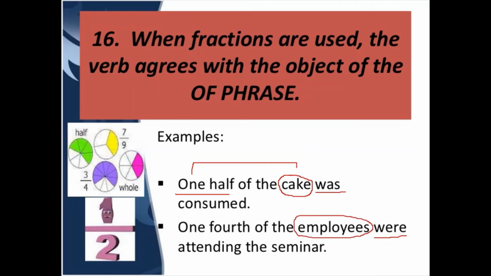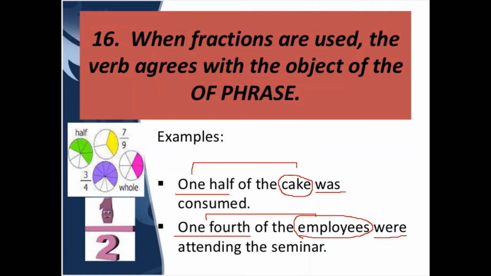Aside from that, employees is preceded by the fraction word one fourth. So if it is preceded by a fractional word like one fourth, the entire subject is plural. So if the subject is plural, then it must take a plural verb.